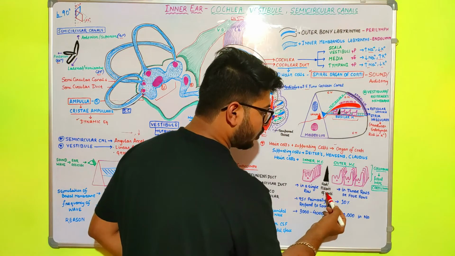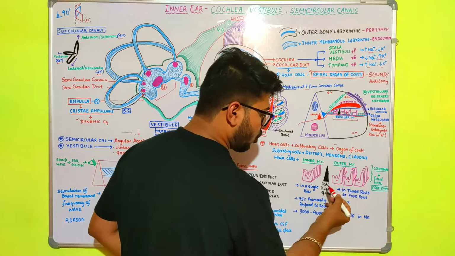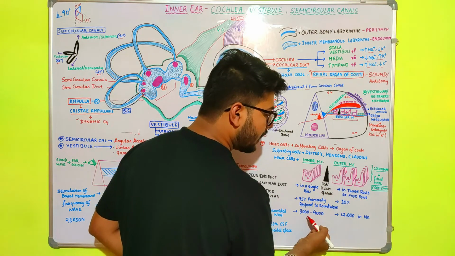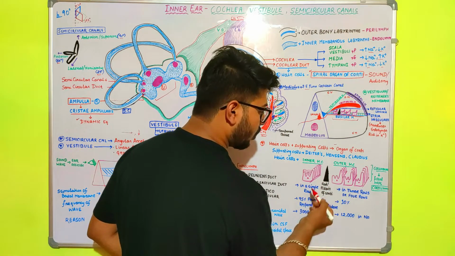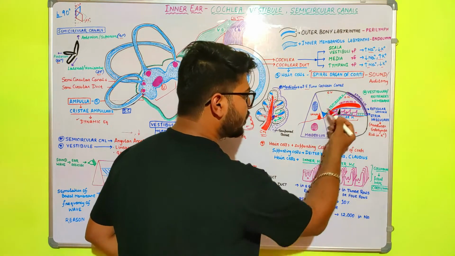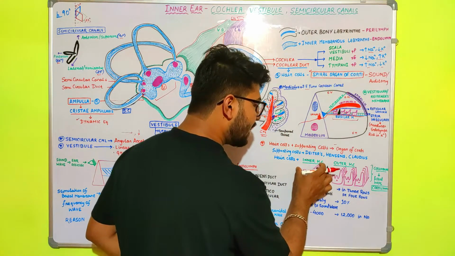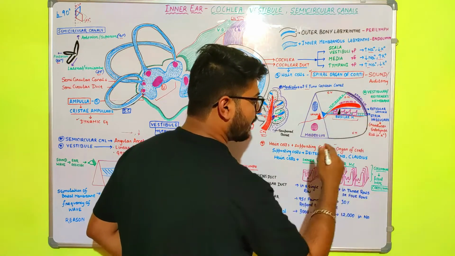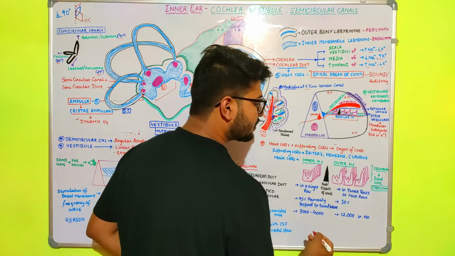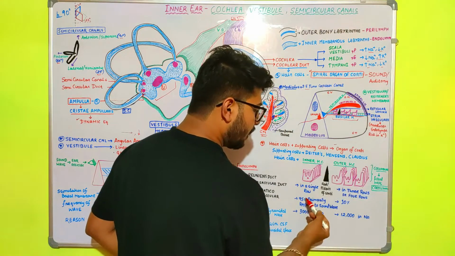On the lateral part of the pillars we have outer hair cells, and on the medial part we have inner hair cells. What is the distinguishing factor that you should know? The inner hair cells are present in a single row, whereas at the lateral part the outer hair cells are present in 3 or 4 rows.